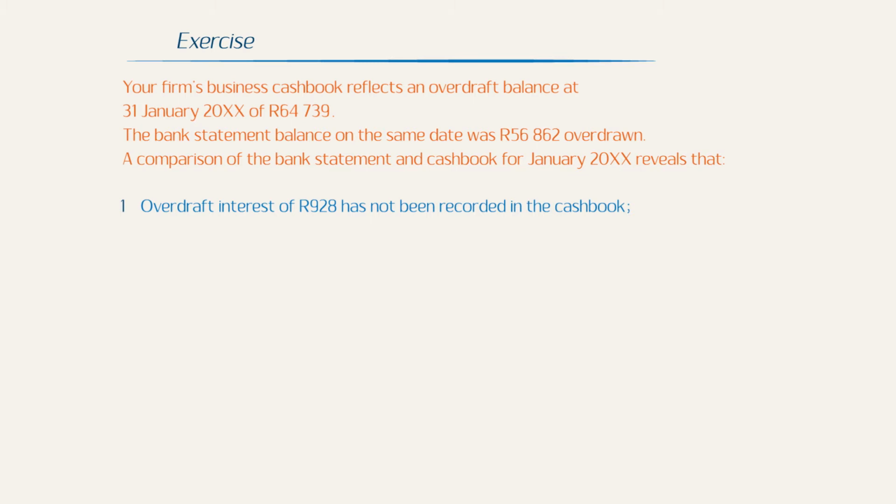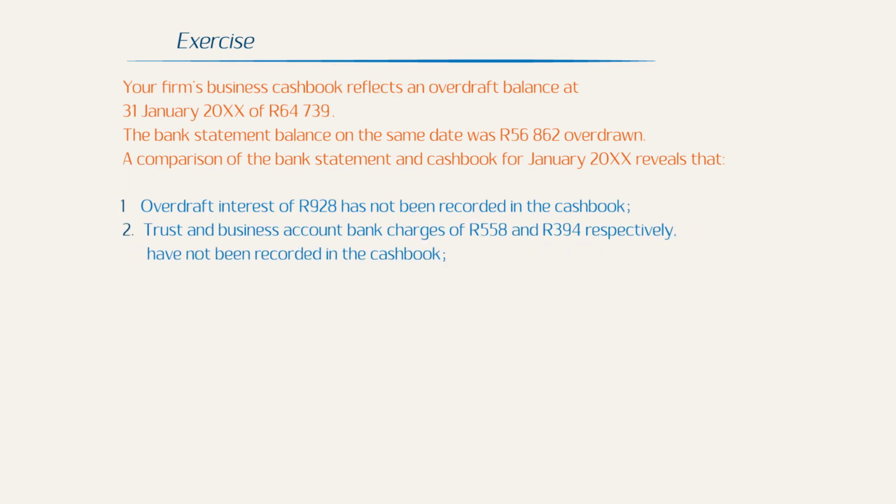Overdraft interest of 928 Rand has not been recorded in the cash book. 2. Trust and business account bank charges of 558 Rand and 394 Rand respectively have not been recorded in the cash book. 3. An unpaid check of 447 Rand from a client has been returned by the bank marked RD.